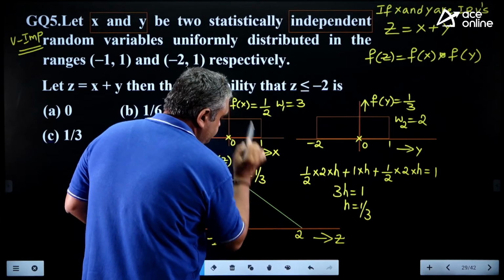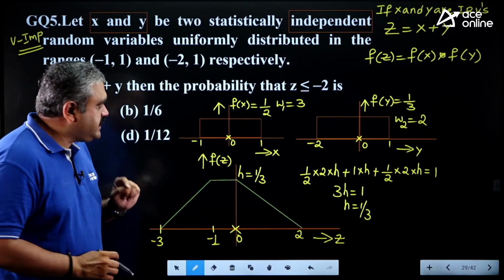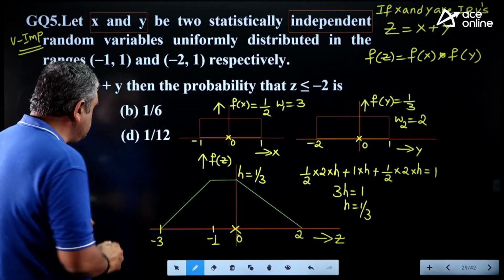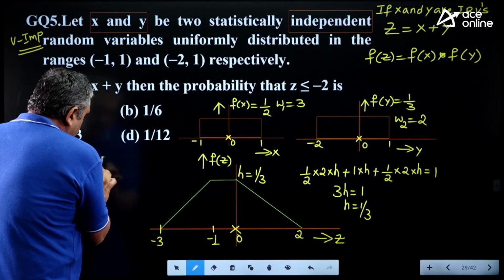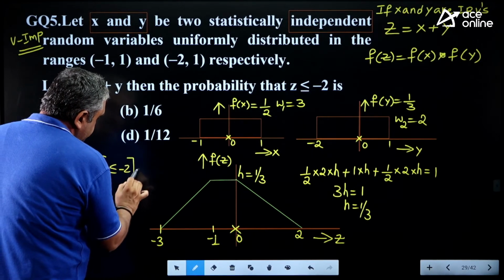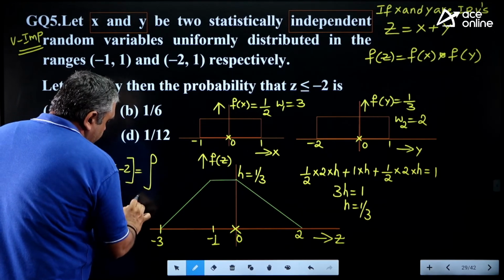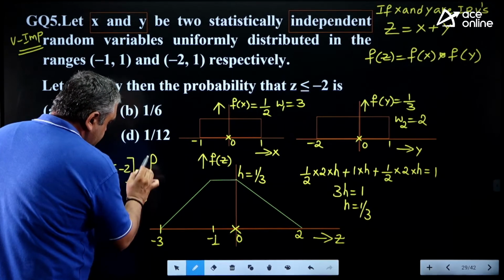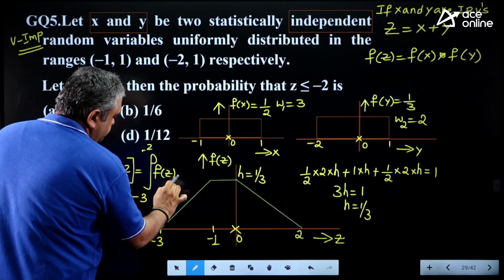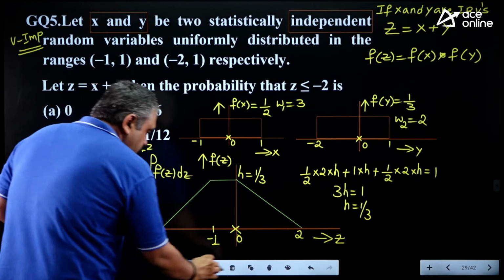So you will get this value as 1/3. That's it. Over. Now what is the actual question he asked? What is the probability that z takes a value less than or equal to -2? So probability of z less than or equal to -2 is integral from starting point -3 to -2 f of z dz. Finish. So what is your requirement?